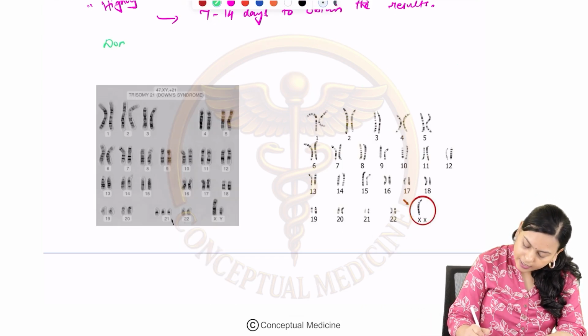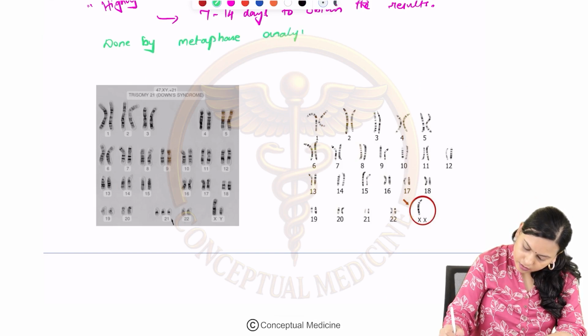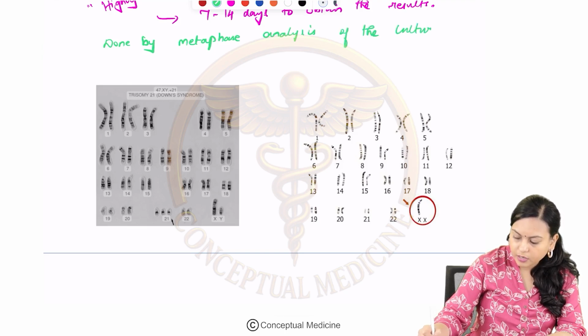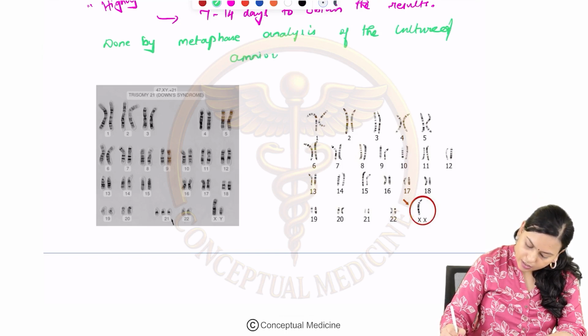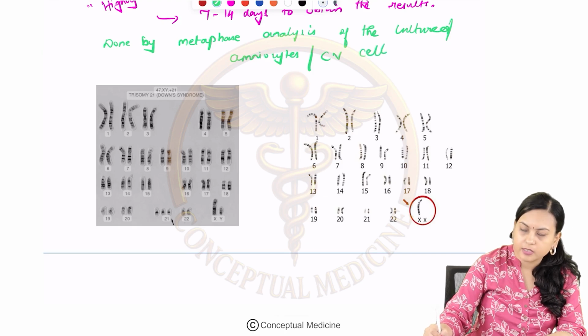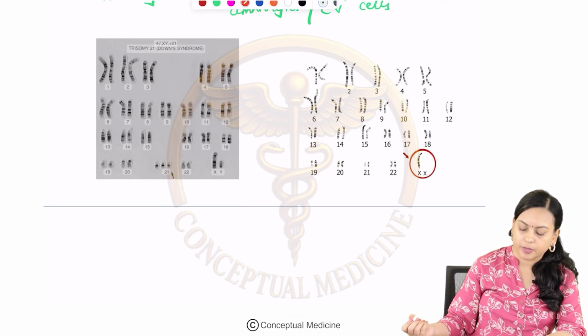Basically, it is done by metaphase analysis of the cultured amniocytes or chorionic villi cells. Okay. So this is how you will be getting a karyotype report.